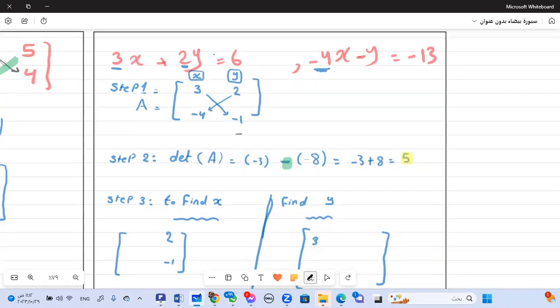Change x by what, girls? Change x by using the answer 6 and -13. Okay, so change the value of x and write 6 and -13. So 6, I will use the calculator, 6 and -13. In here, change the column of y and write 6 and -13.